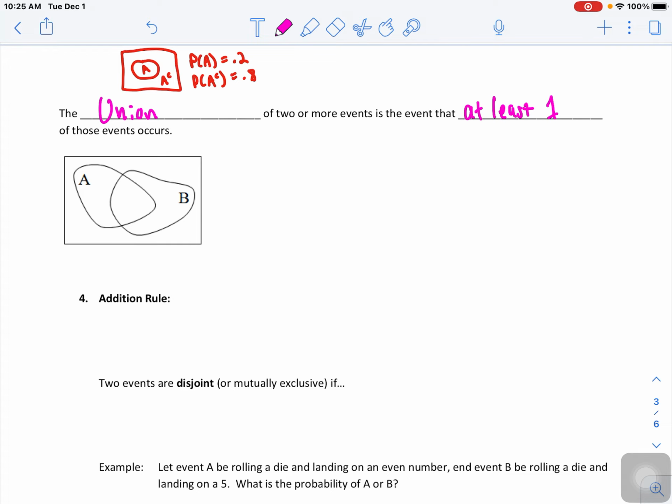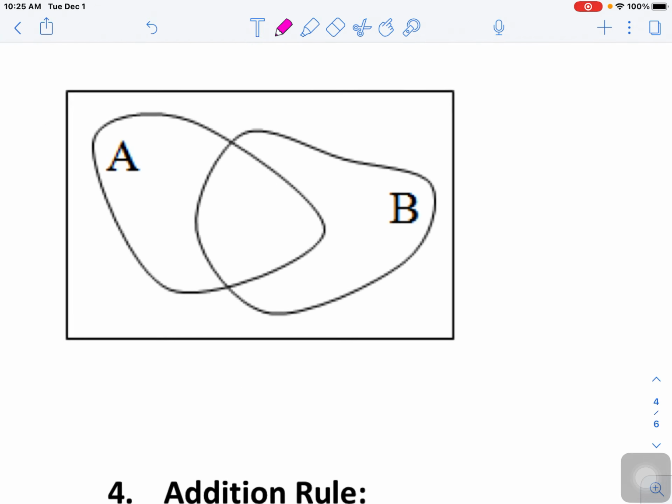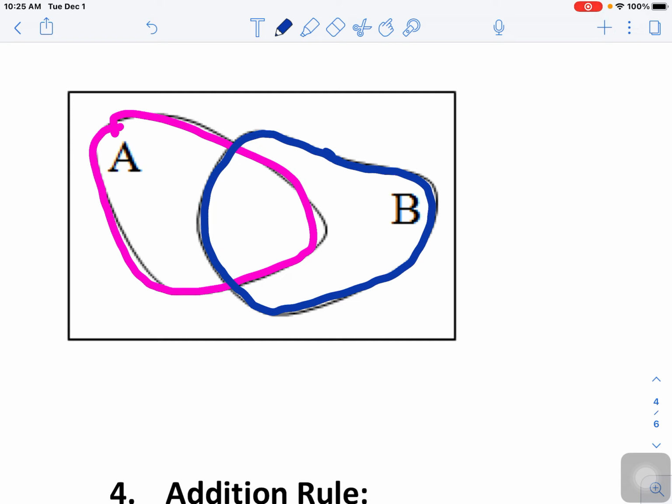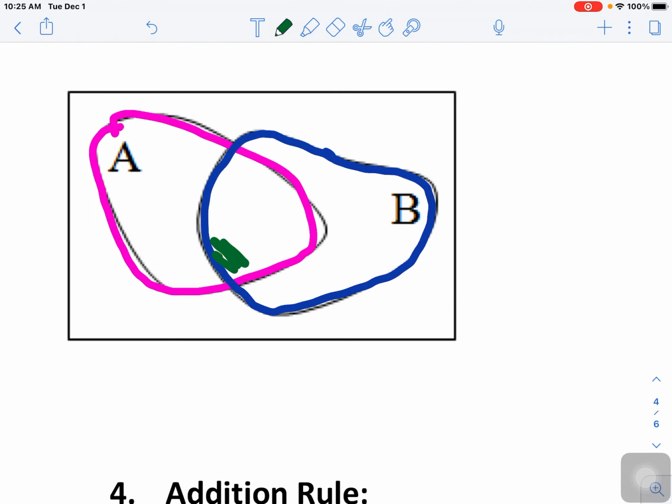All right, so in the picture we have event A and event B, and we can see that event A can happen, that's over here. Event B can happen over here. They both could happen, right? Event A and B could happen. That's what this little middle piece is called. This is actually called the intersection.